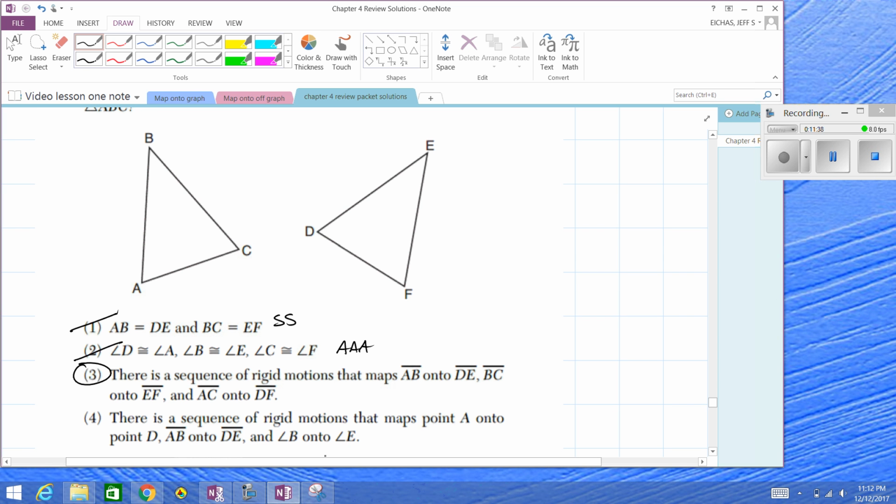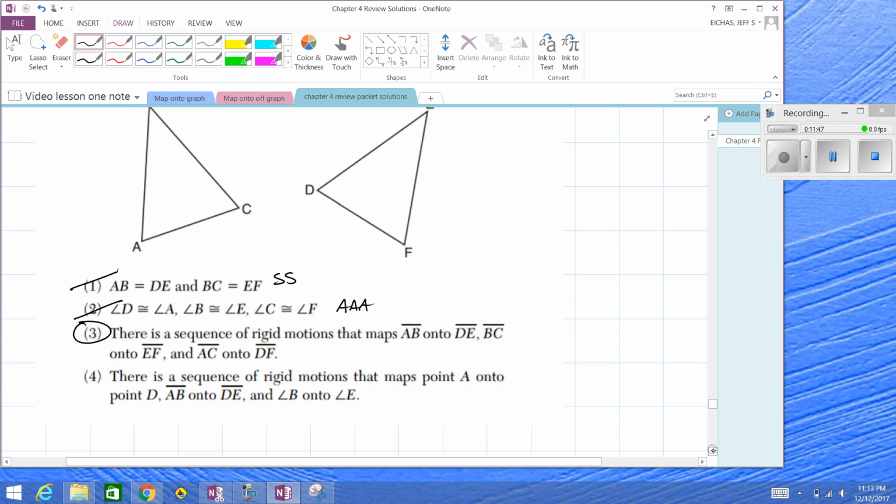All right, this one's not quite going to cut it. Okay? Points mapping onto each other, I don't know. That might work. You know what? They didn't necessarily fix orientation. Let's draw it. Okay? So let's say that's ABC. What is it? DEF. Okay.